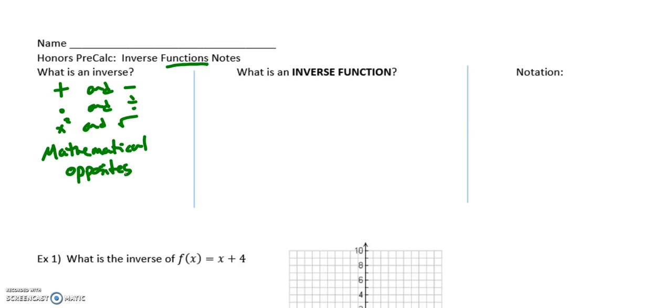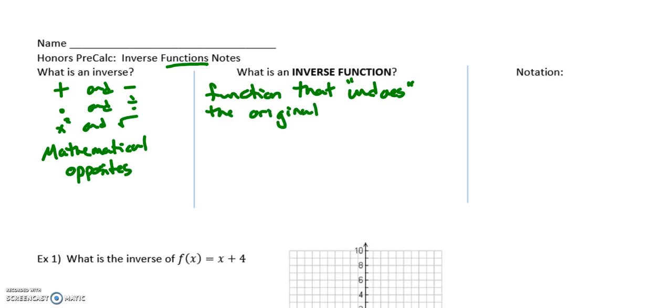So when it comes to inverse functions, I'm going to say that the inverse function is a function that undoes the original. So we start with a function.